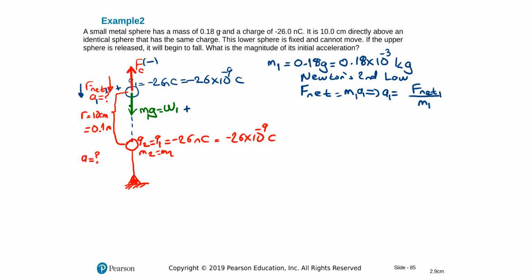Alright, so what we have to do is find those forces, because F net on charge 1 will be equal to the weight minus the Coulomb force. So we calculate these, input them in here, and input this F net in here. We already know mass 1. We'll get A from there.